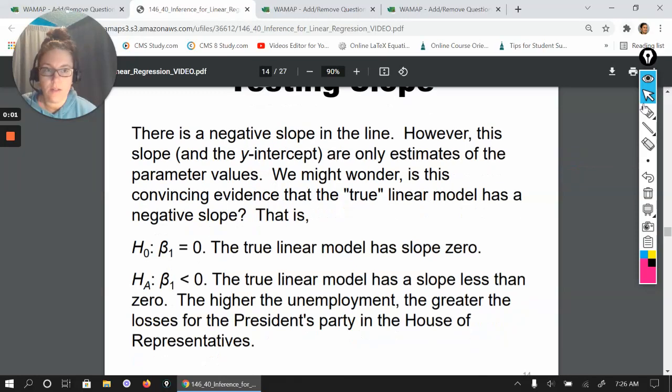All right, let's remind ourselves of the equation of our model here.